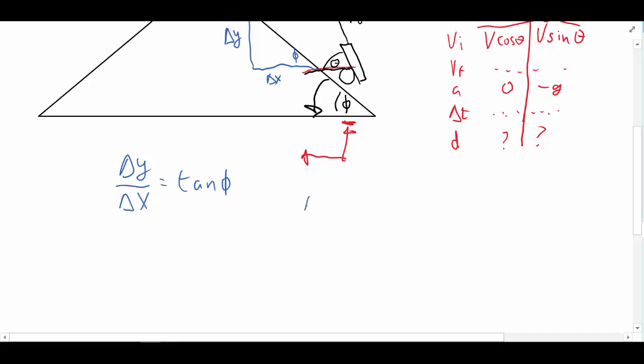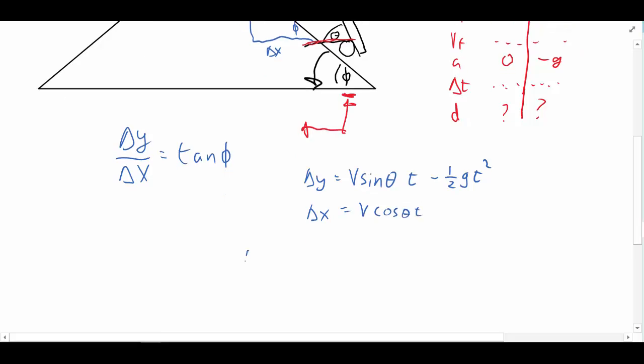Well, delta y, that's just going to be v initial in the y direction, which is v sine theta times t minus 1/2 g t squared. Well, delta x, that's going to equal v cosine theta t.